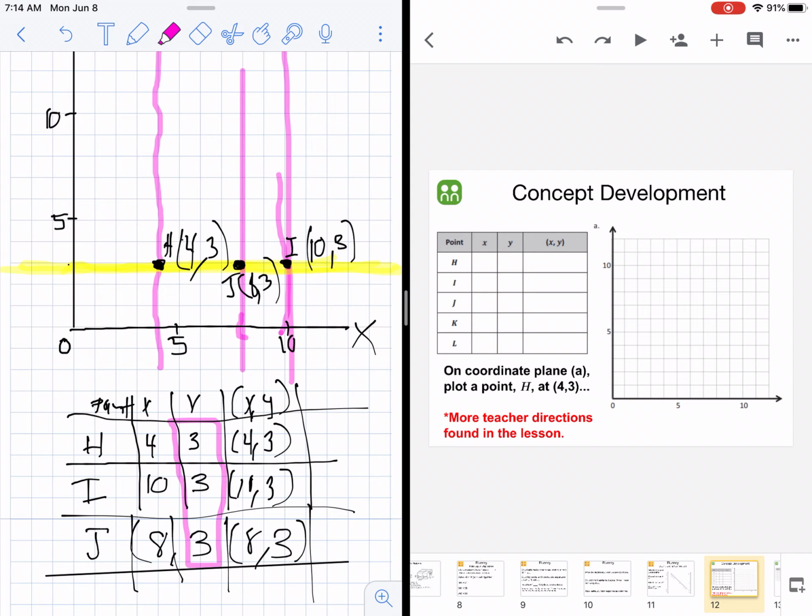So when that y coordinate is the same, these 3 points are constructing a straight line, right? If we were to connect our dots, we would have a straight line.